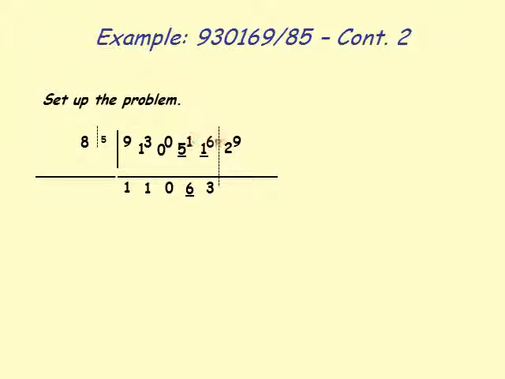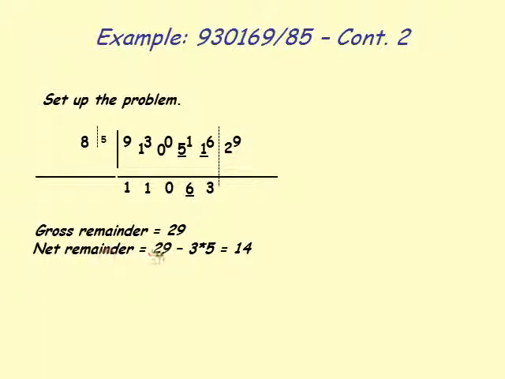We have gone so far in the previous slide here. We have computed all the quotient digits and we have a gross remainder here. Gross remainder is 29, and net remainder is 29 minus 3 times 5.